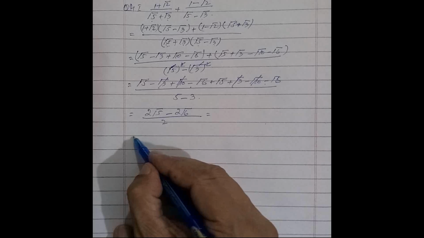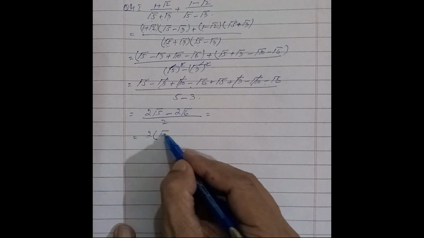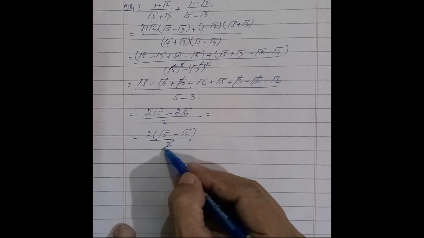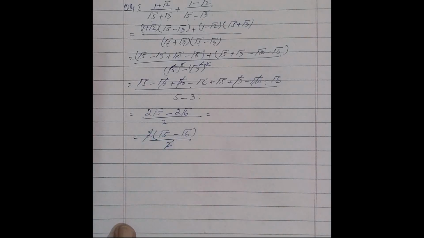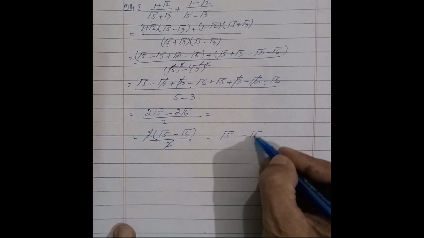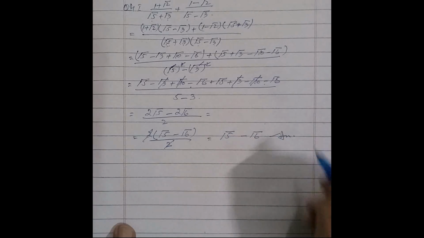Now we take common 2, we get 2 (square root 5 minus square root 6) over 2, and this 2 is cancelled with the other, we get square root 5 minus square root 6 as the answer of the question.